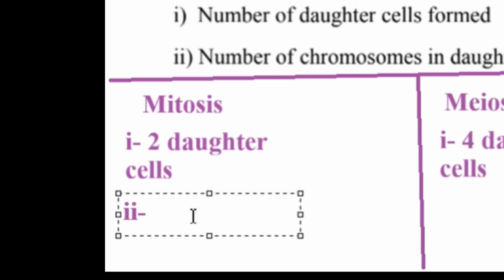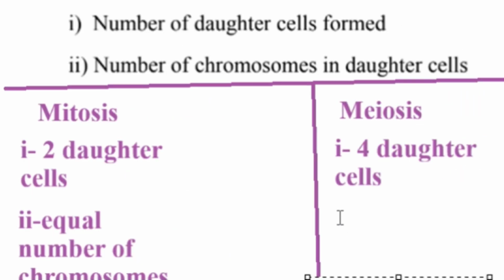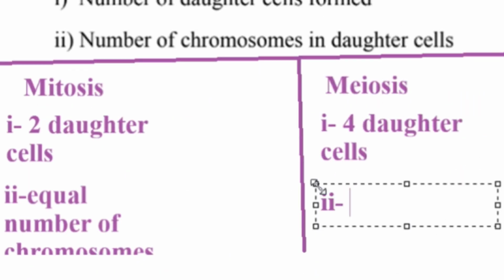Now in case of mitosis, it is an equational division. So they will have equal number of chromosomes. Daughter cells will have equal number of chromosomes as that of the parent cell. Now whereas in meiosis in the daughter cells, the number of chromosomes will be reduced to half.